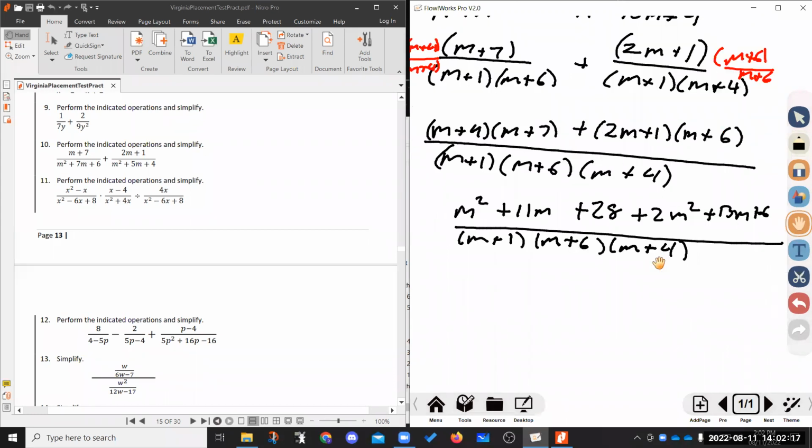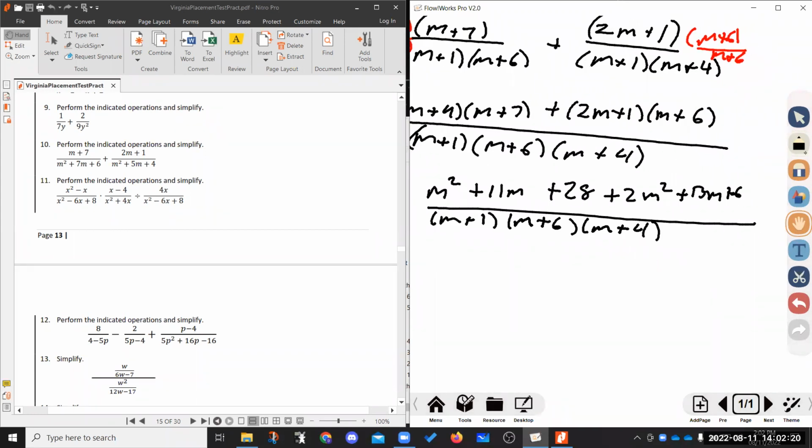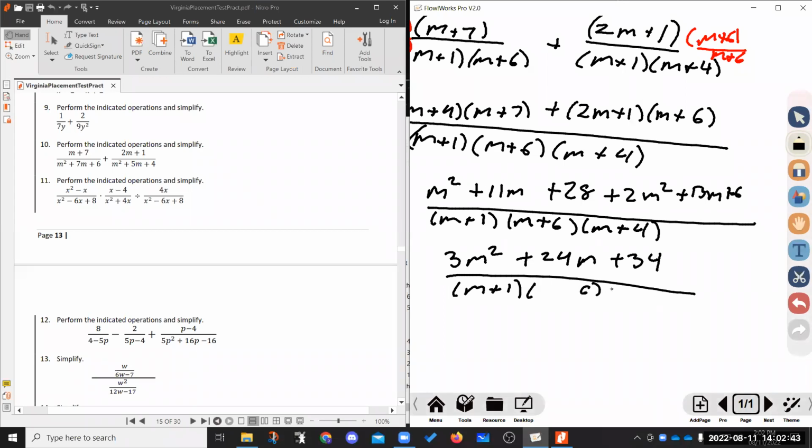When we add together our like terms, m squared plus 2m squared is 3m squared. 13m plus 11m is 24m. And 28 plus 6 is 34, over m plus 1, m plus 6, m plus 4.